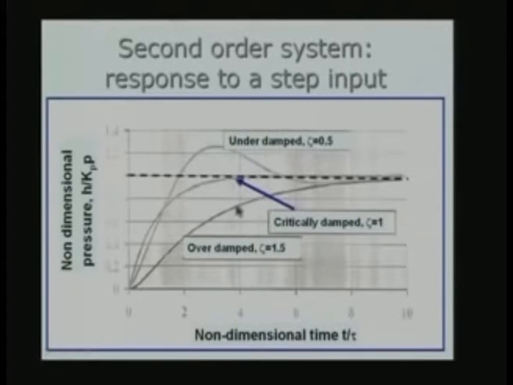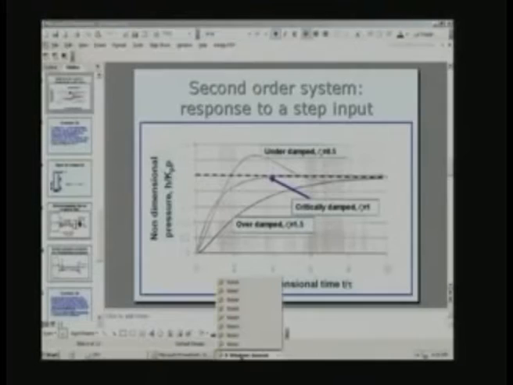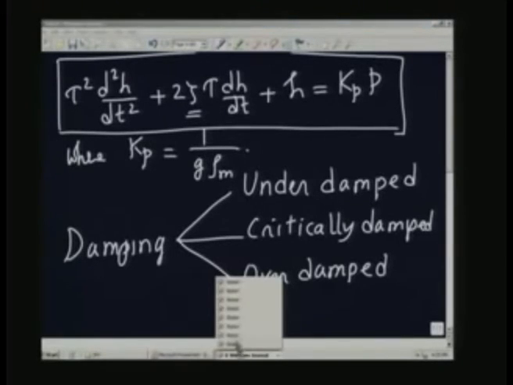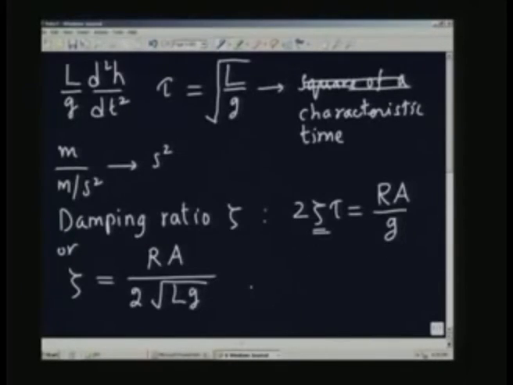To understand this further, let us go back to the board and look at the parameter zeta. This parameter is going to determine the damping.